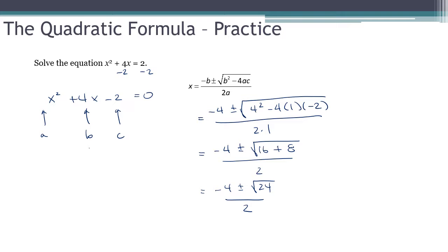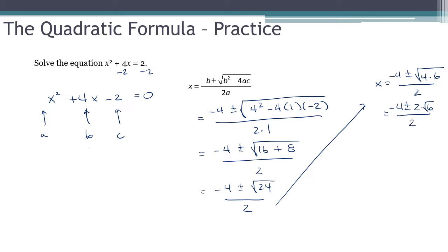All right, so let me jump up here. I'm going to rewrite this a little bit. X equals negative 4 plus or minus the square root of 24. Let's see, that's 4 times 6, over 2. See, now I can keep going. This is negative 4 plus or minus the square root of 4. That's 2. So this is 2 times the square root of 6 over 2.